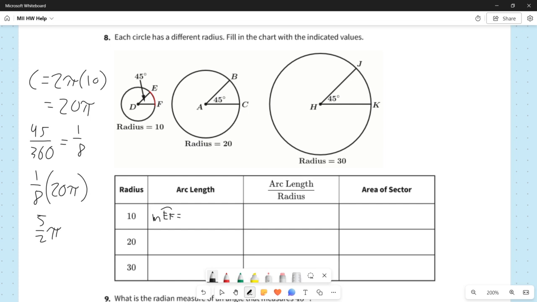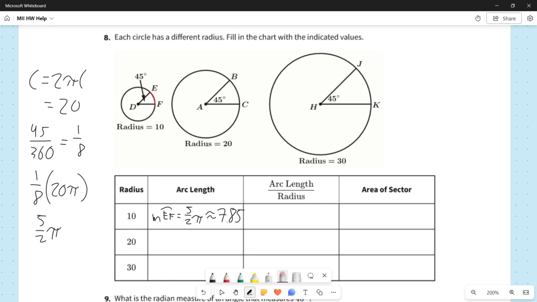And again, there's no units here, so I'm not going to deal with inches and centimeters and all that other stuff. Our exact arc length is 5/2 pi. And if we want an approximate answer, if we actually plug in for pi, we get approximately 7.85. Right? And all my scratch work is over there on the left.